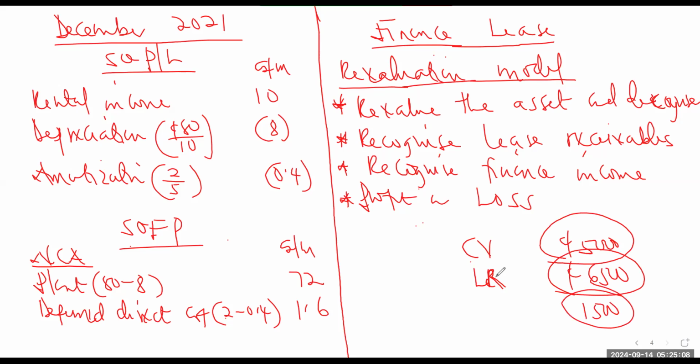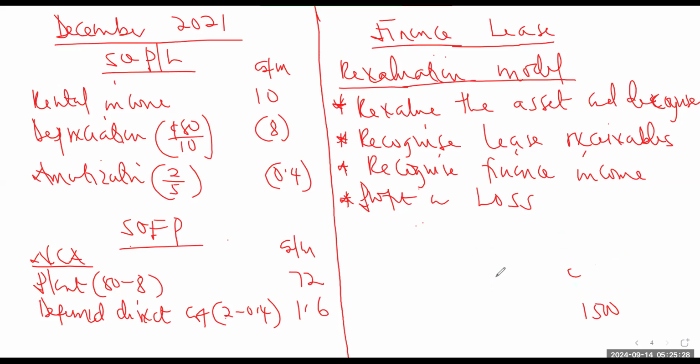The question can give you the fair value of the asset or the carrying value of the asset. You just compare that with the lease receivables and see whether you are getting more or less in terms of profit or loss. So this is how we account for this one. We are going to be looking at how we estimate the lease receivables. This is a finance lease.